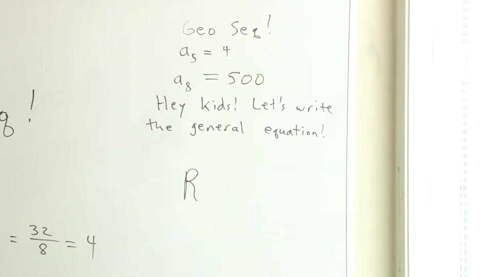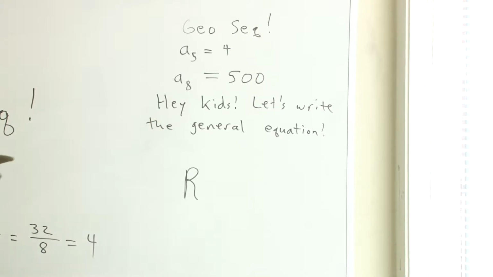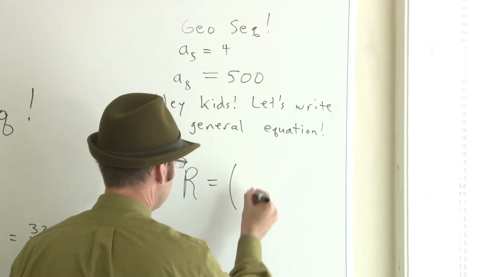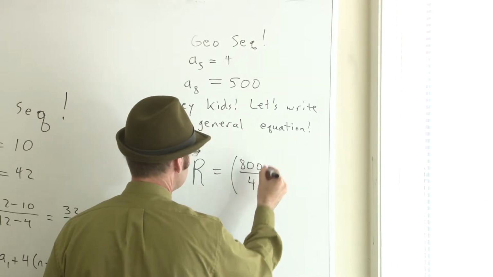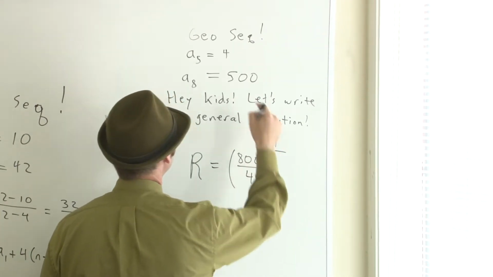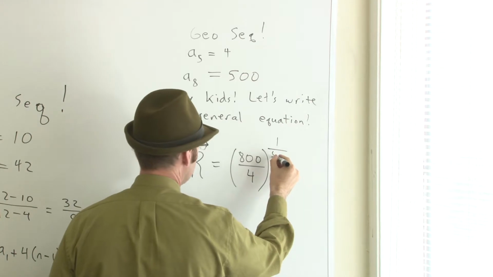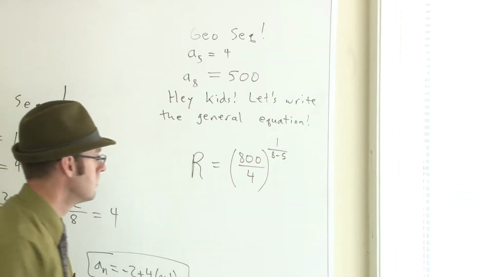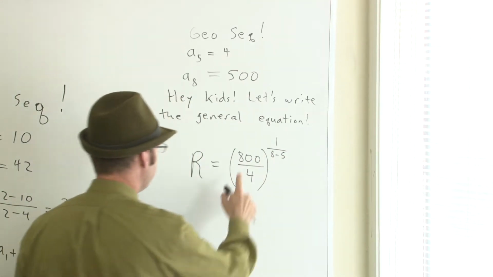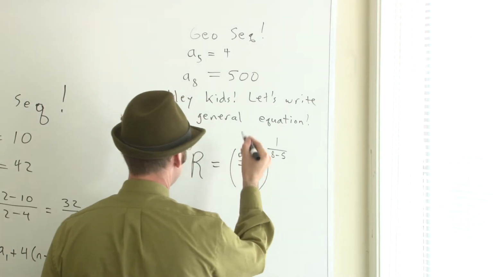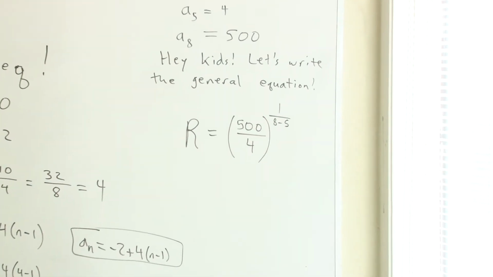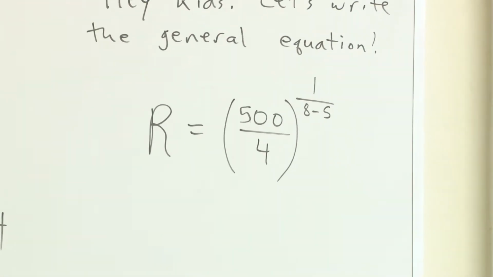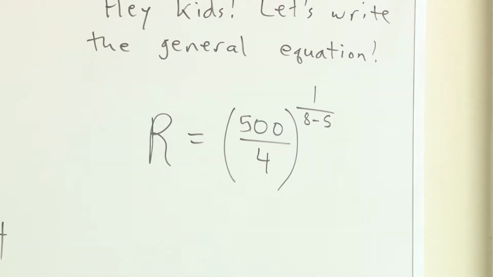So R is: divide the two terms, divide those two guys, and take it to the... Wait, 500? Yes, 500. 500 divided by 4, and take it to the 8 minus 5th root.